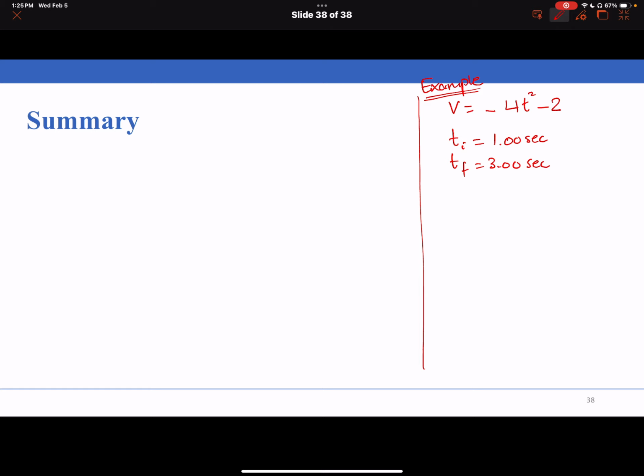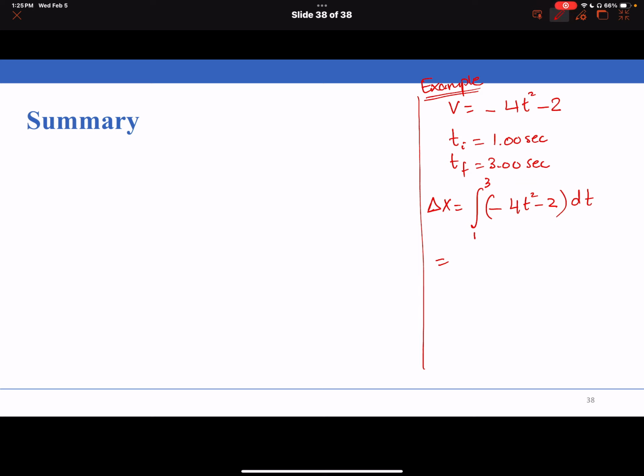The question is asking what is the displacement of this object during that interval of time. So delta x will be equal to the integral from 1, the initial time, to 3, the final time, of negative 4t squared minus 2 dt.